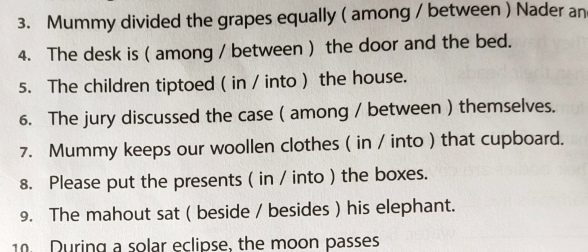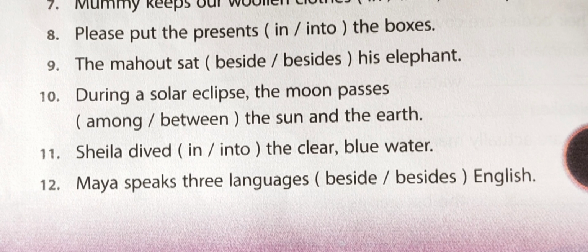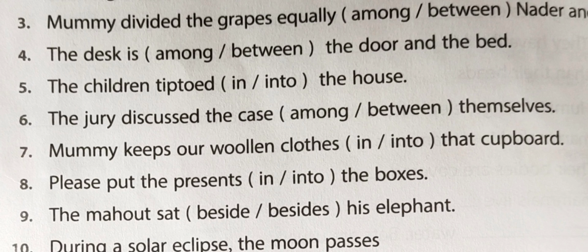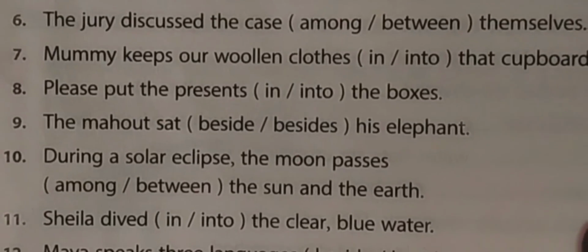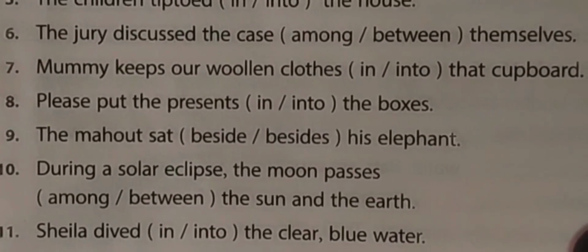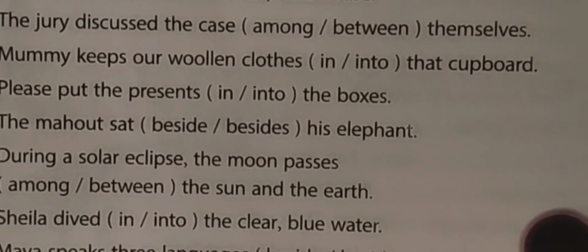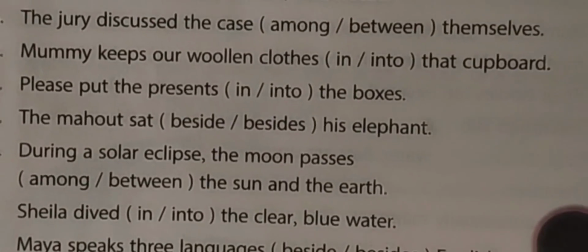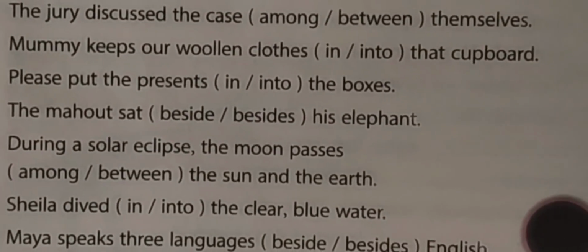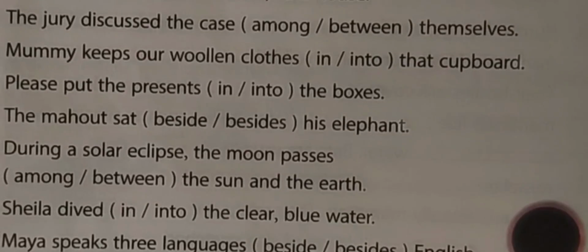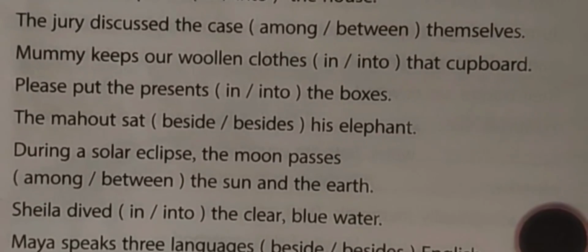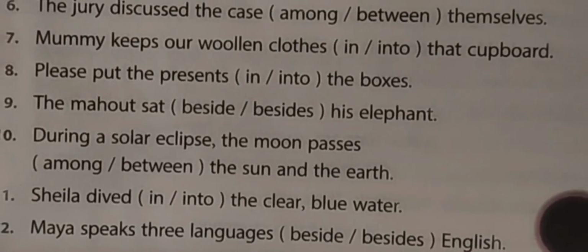Whereas when we use more than two people or two things, we use among. Next is beside and besides. Beside means next to, nearby, and besides means in addition to.